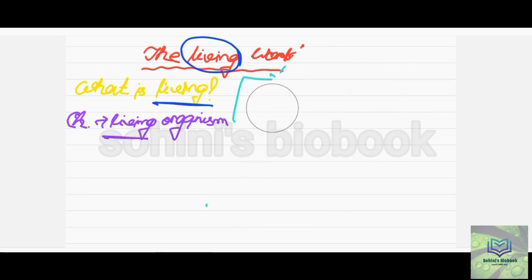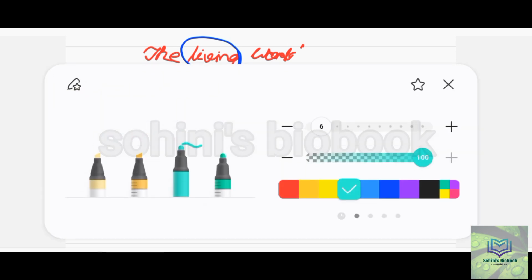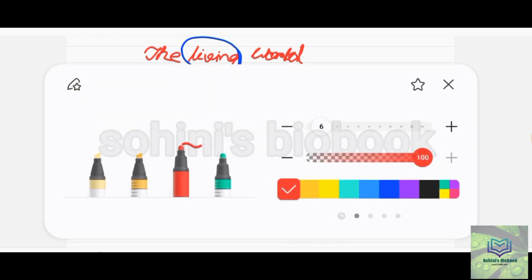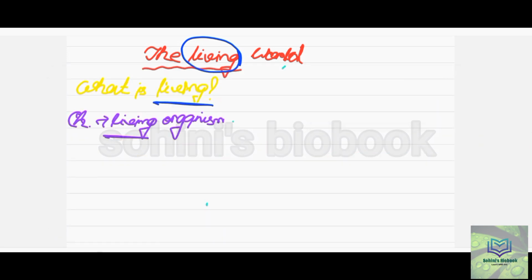Now, what can be some other characteristics of living things? Let's see them. The next important characteristic is cellular organization. You have already read about cells in your lower classes. The cell is the structural and functional unit of life, or the fundamental unit of life.